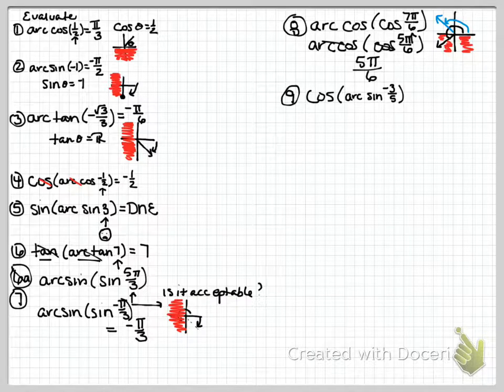Again, first thing I want to check is to make sure this negative 3 over 5 is between negative 1 and positive 1, and it is. Now you're probably thinking, well, wait a second, negative 3 over 5 is not one of my special angles on the unit circle, and it isn't. So there's a couple ways to do this, and what I recommend is a u substitution. I'm going to make all of this equal to u.